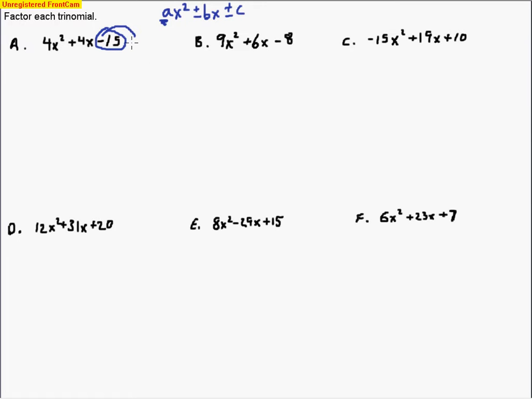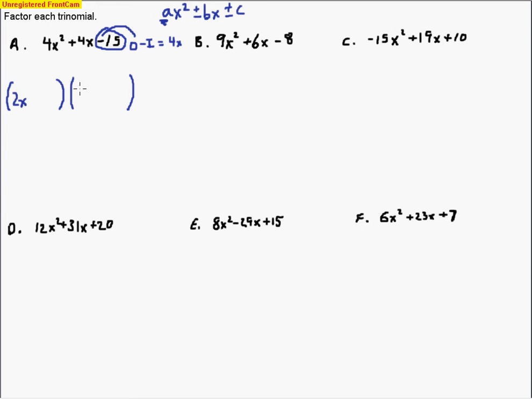What that tells us is that the outer and inner terms are going to end up subtracting. We don't know which one's negative, but one of those, either the outer or the inner, is going to be negative, and they will make a 4x. So the outer and inner terms are only 4 apart. Since they're only 4 apart, my guess is that I'm going to end up having to break this 4x squared down to 2x and x.